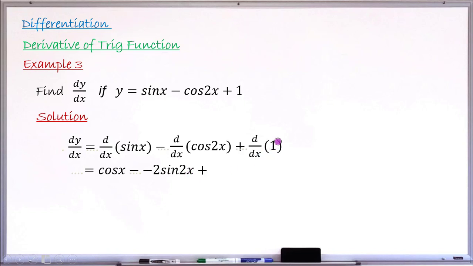And the derivative of a constant number, in our last lesson, properties of differentiation, we learned that the derivative of a constant number is 0. So derivative of 1 is nothing but 0. So I'll continue. This minus will now change to plus. That is what I'm going to do in the next step. So I'm going to have cos x plus 2 sine 2x plus 0. I'll just leave it. So this is the derivative of this function y.